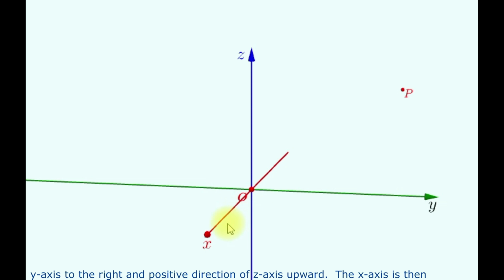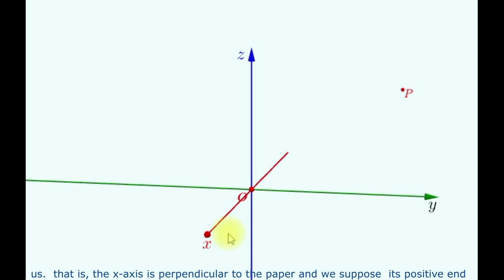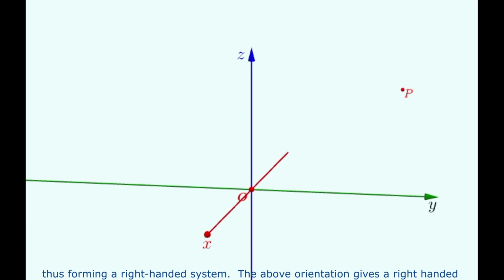The x-axis is then perpendicular to the plane and its positive direction is towards us. That is, the x-axis is perpendicular to the paper and we suppose its positive end is coming out of the paper pointing towards us, thus forming a right-handed system.